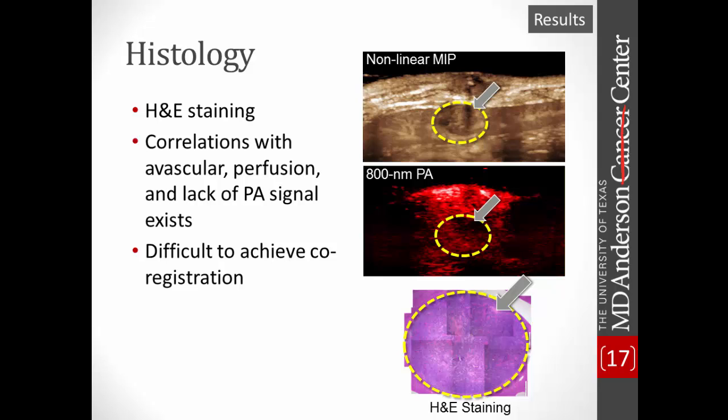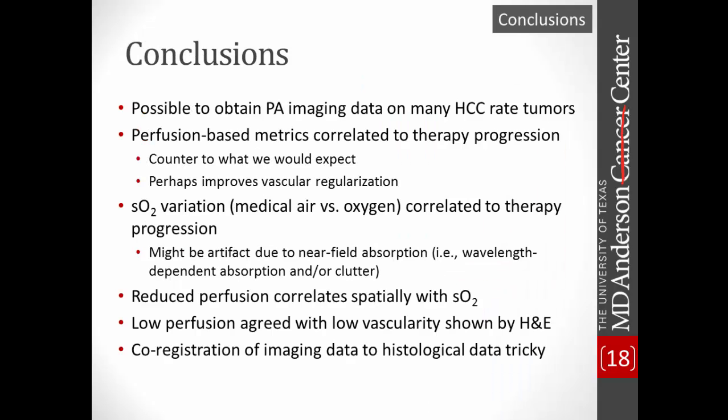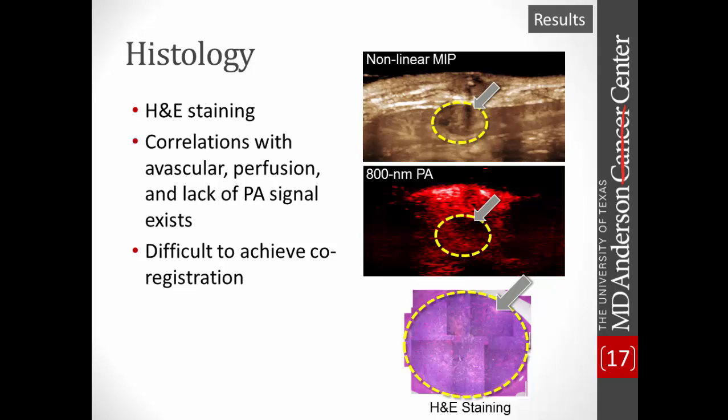We had done it previously with subcutaneous models. In this one the tumor is so large and so deep that by the time you harvest, it's very difficult to co-register. But in this particular example that we were able to co-register, with a MIP, you can see a reduction in the perfusion, and that correlates to a reduction in photoacoustic signal.